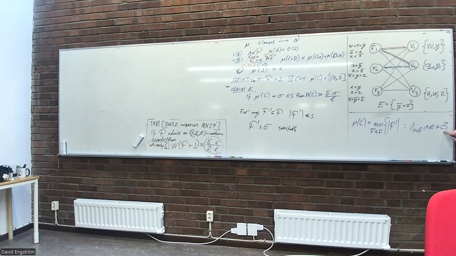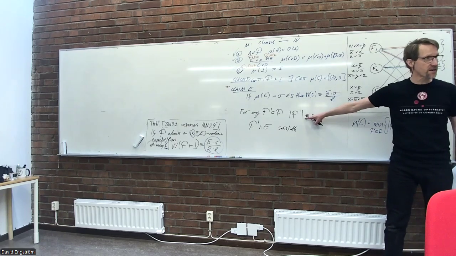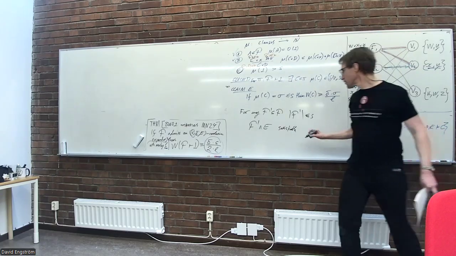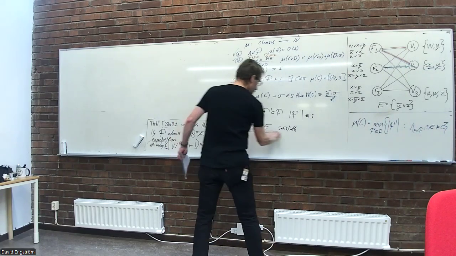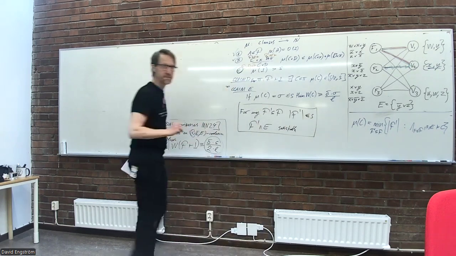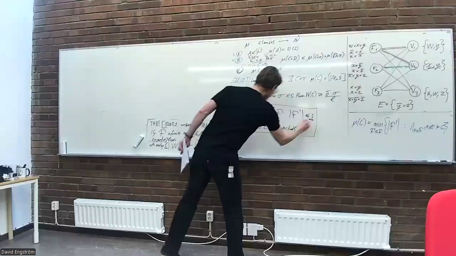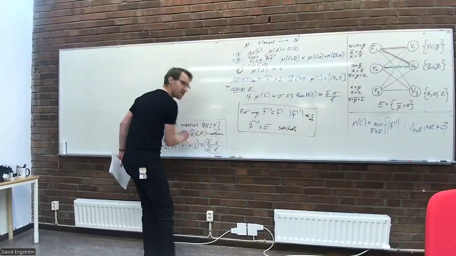So in order to get the complexity of contradiction, I have to plug in an unsatisfiable set here. If all sets of size at most S are satisfiable, that means the complexity of contradiction is larger than S. So all I need to prove is this. And it's not a coincidence that this S, I emphasize this, is the same as this S.